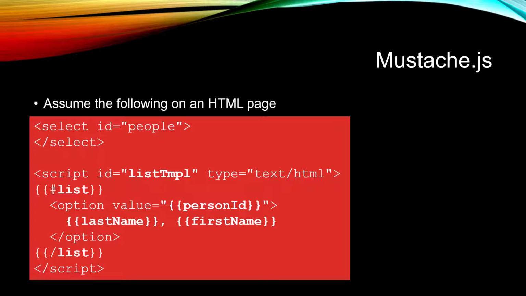Well, list is the name of the property that holds our array of data. Then inside of that, I'm putting what I want it to emit each time it iterates over this array. So each time I want an option with the value equal to the person ID, and then within the option and the closing option tag, I want the last name, comma, first name of my person.